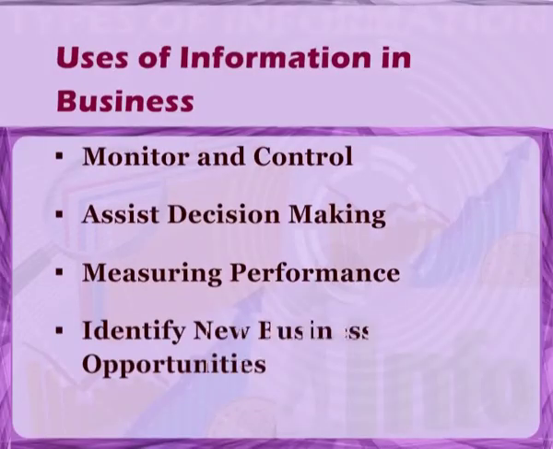Performance will be compared with previous years and or with companies of a similar size or in the same market. Ratios are useful for comparing performances. Identify new business opportunities. Information must be gathered constantly on consumers and competitors to look for changes or trends in the market that the firm can target.